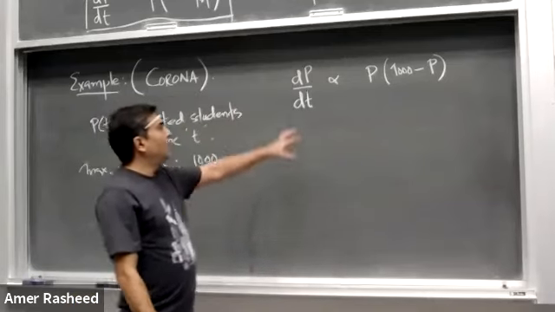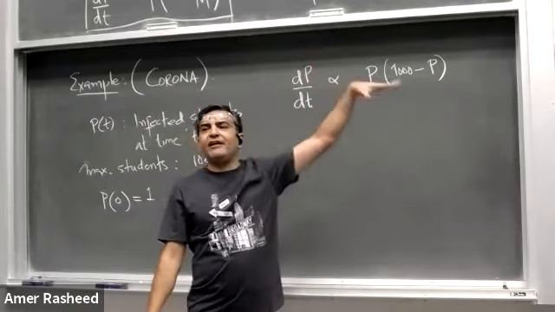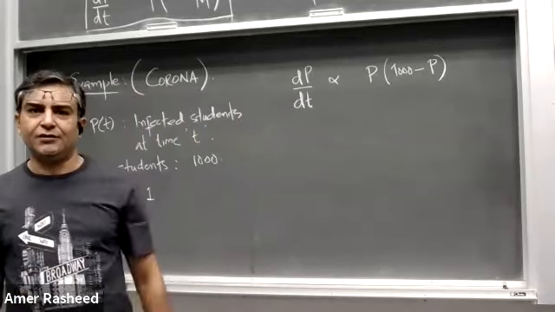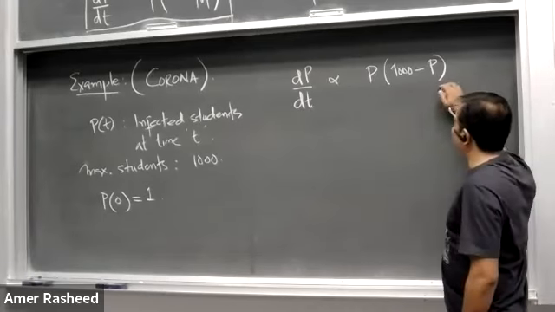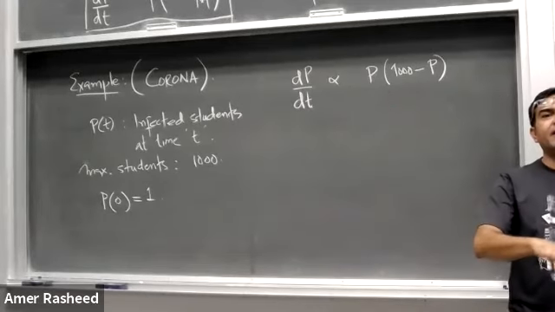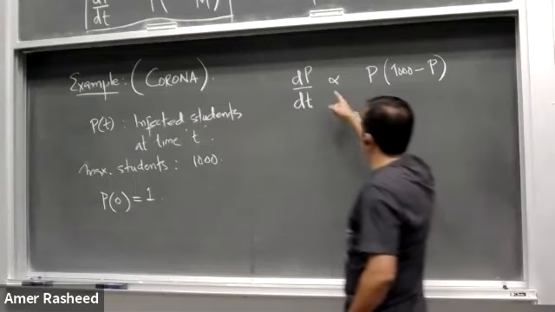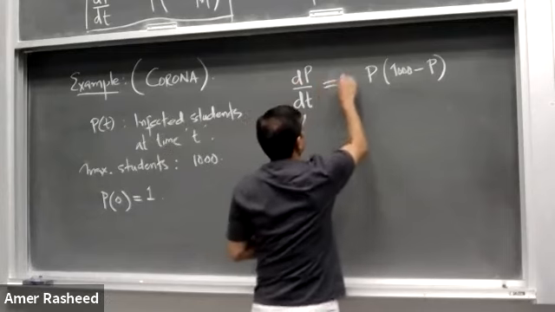So we assume that this rate of change of the population is proportional to the product of infected as well as non-infected students. In fact, we are assuming that this is the number of interactions of infected and non-infected students. Okay. Now, when you remove this sign, you would have some constant of proportionality.